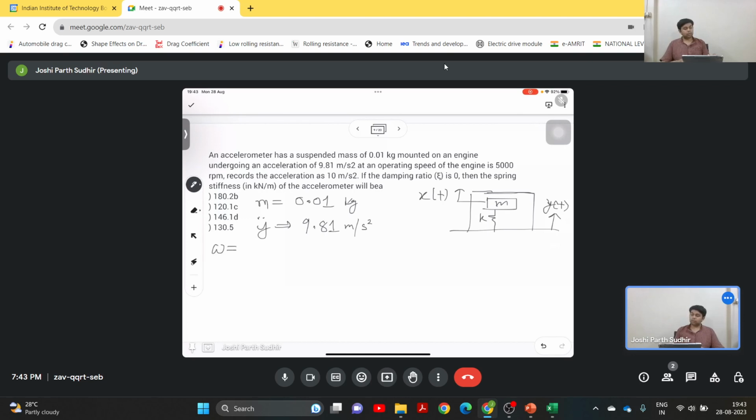So omega is 5000 into 2 pi by 60, which is equal to 500 pi by 3 radians per second.